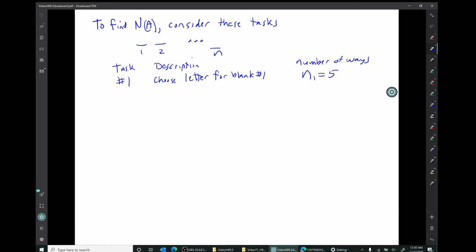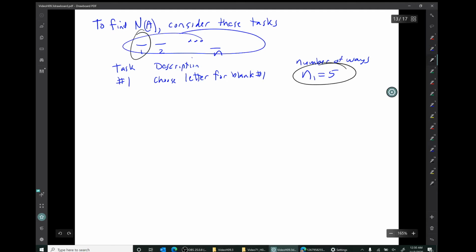So to count the number of elements in set A, we're going to be considering choosing letters to fill up these blanks. Now, to fill up the very first blank on the left, we get to choose any letter that we want. So there are 5 different letters we can choose from for that blank. Now what about the next blank?